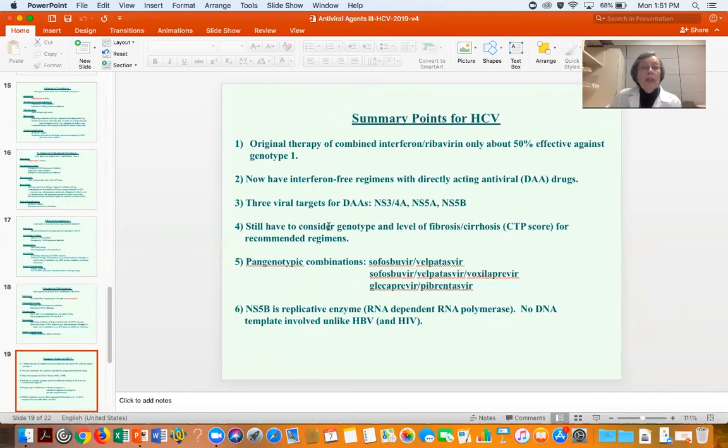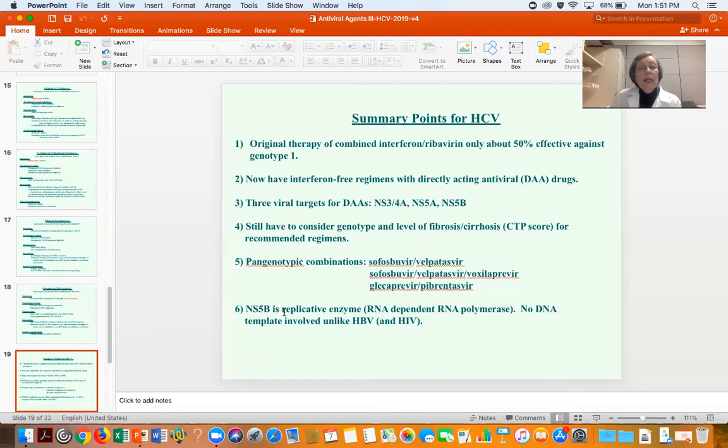We still have to consider the genotype in our choice of drugs, but this may eventually go away. And we also have to be careful of the level of fibrosis or cirrhosis, which is based on the CTP score, for the recommended regimens. We do have several pan-genotypic combinations: sofosbuvir and velpatasvir, those drugs plus voxilaprevir, and then glecaprevir and pibrentasvir.